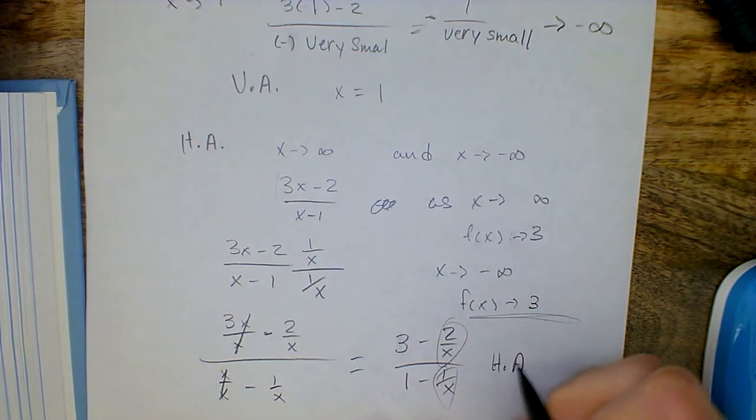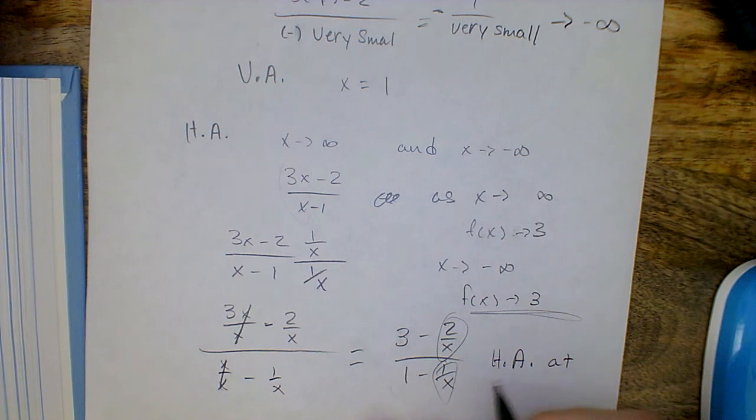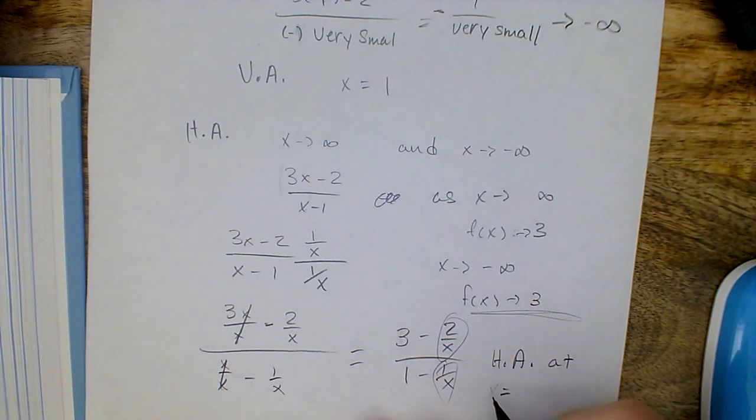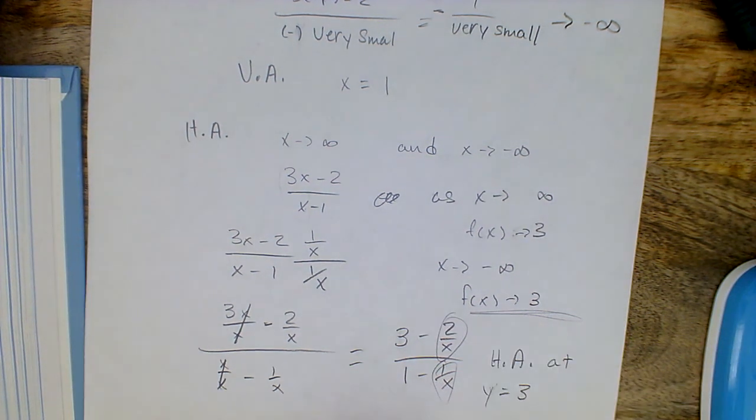So there's a horizontal asymptote at y equals 3, sorry. Okay, so that's how you find vertical and horizontal asymptotes.